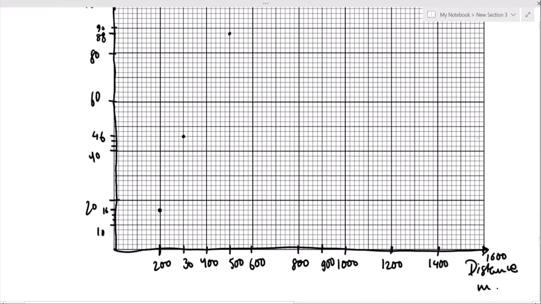We draw the axes with a scale, but whenever we're drawing a cumulative frequency curve, make sure you draw it freehand. So this is going to be something like this.